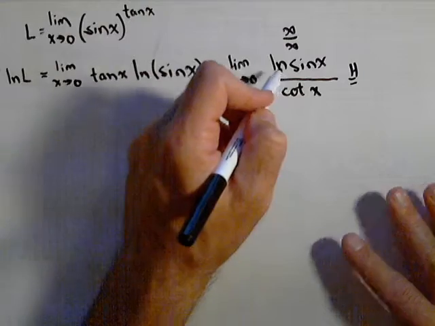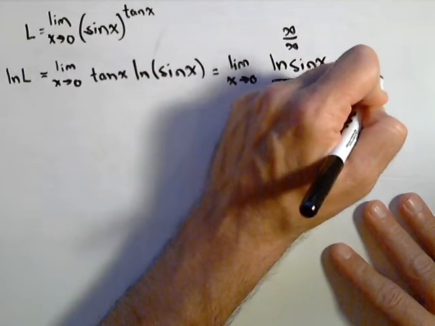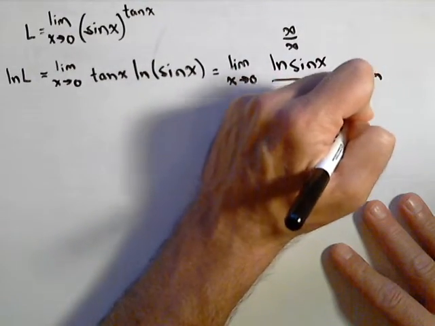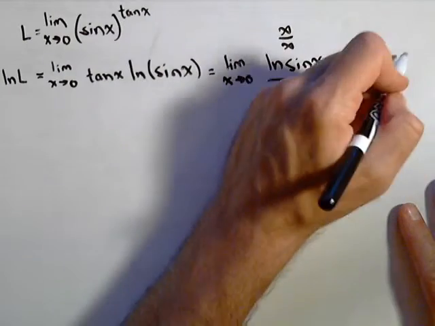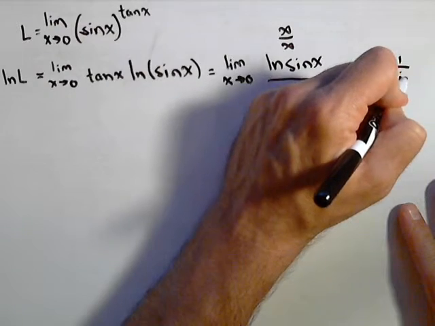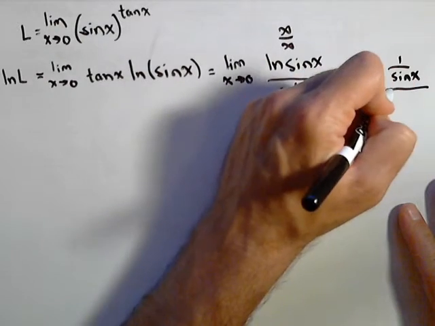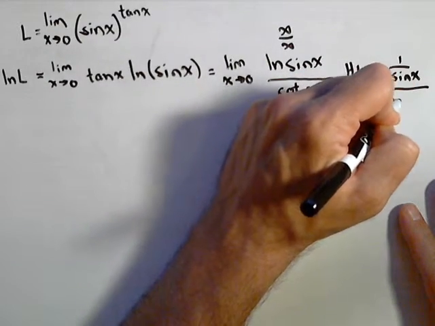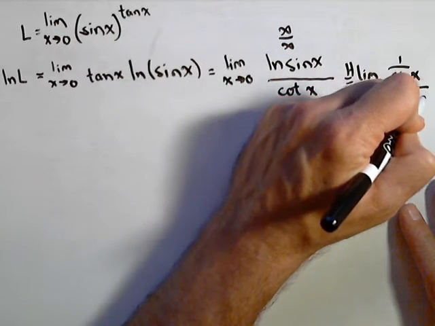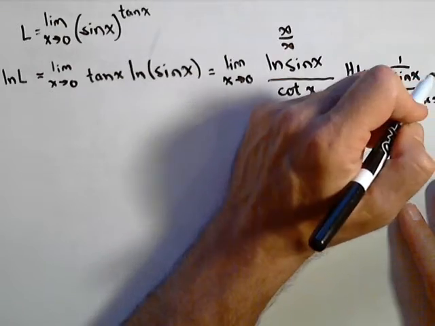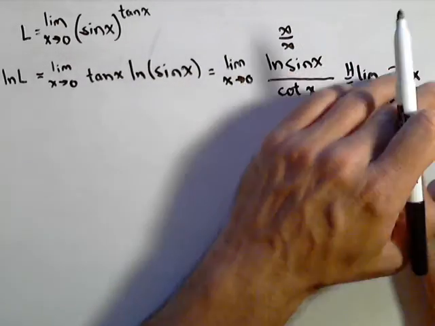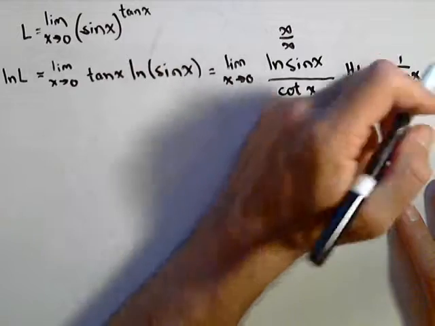So applying L'Hopital's and recalculating the limit, we get limit as x goes to 0. And I'm going to have on top 1 over sine x, and the derivative of cotangent is negative cotangent x cosecant x. Sorry, wrong derivative.